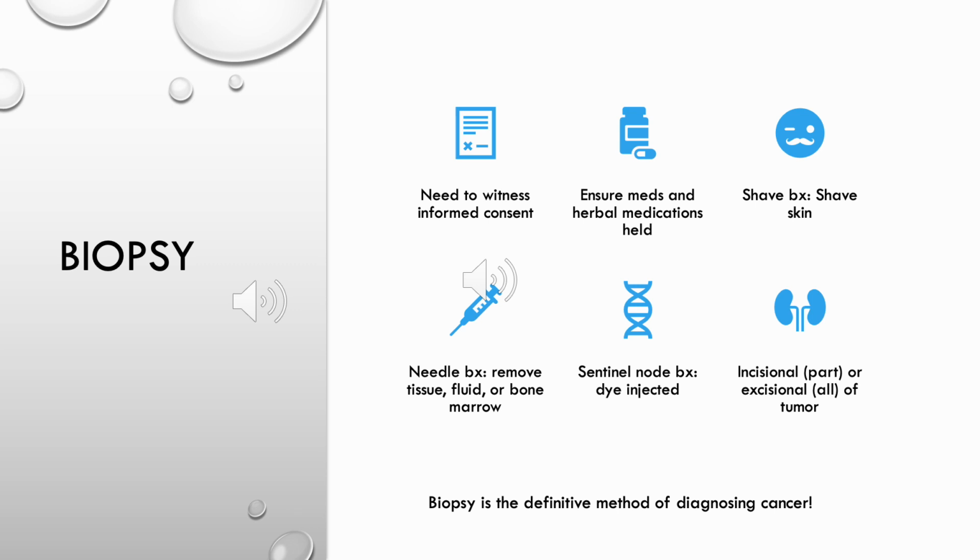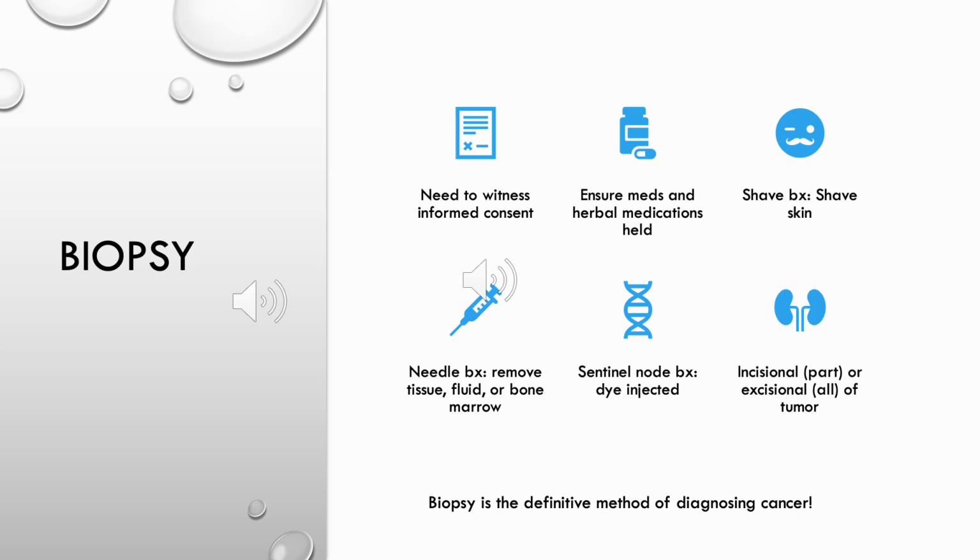A sentinel node biopsy is when dye is injected and the cells with cancer will take up the dye, I guess I should say. So it lets the surgeon know. A lot of times when I worked in PACU, I would get a mastectomy patient with a sentinel node biopsy.